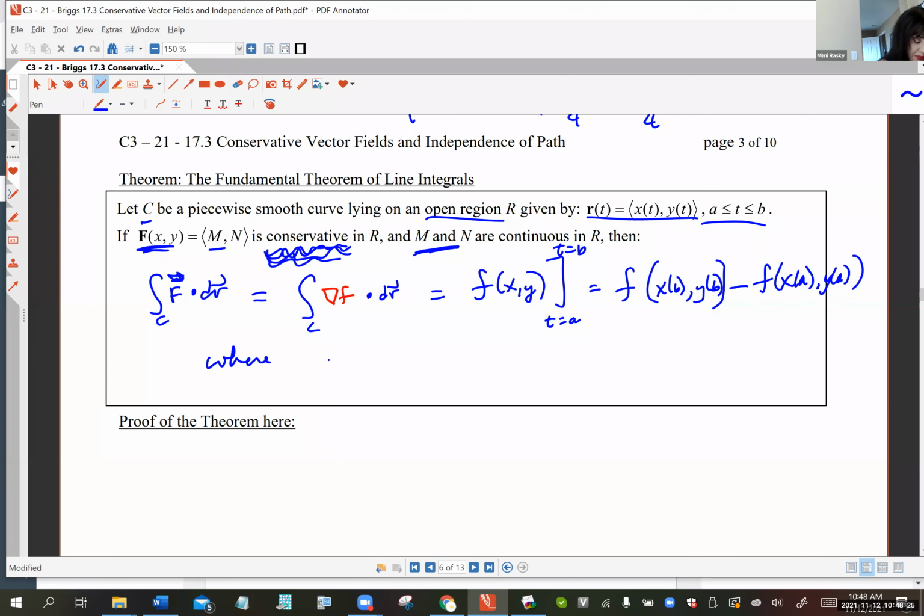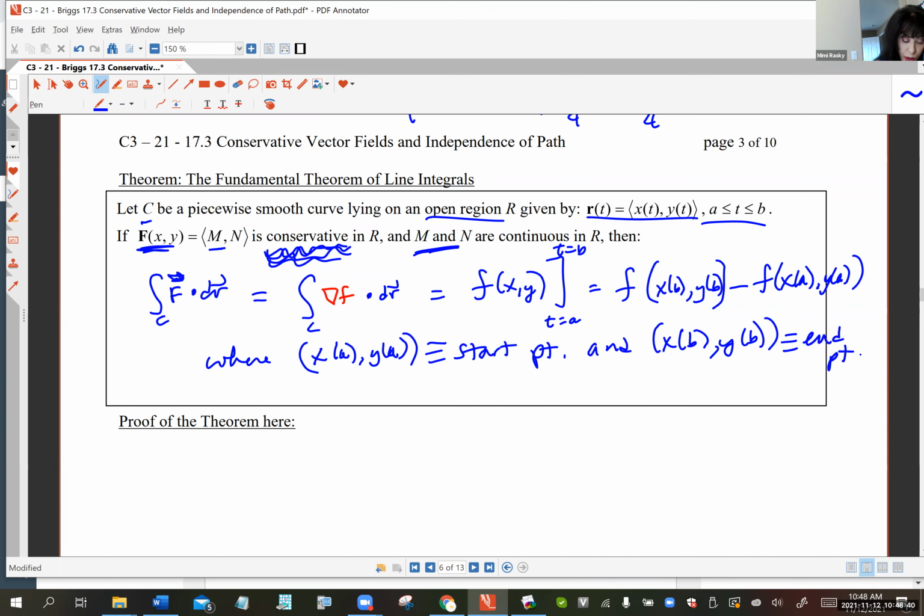Where x of a, y of a is equal to the starting point of your curve, and x of b, y of b are simply the coordinates of the ending point of your curve. And also f is a potential function. That's the mama function that I talked about, the potential function for the vector field F.